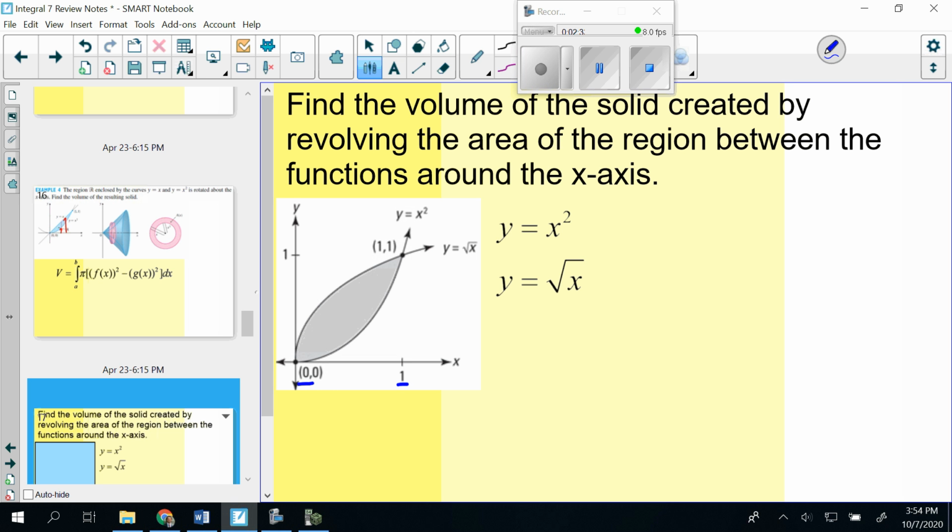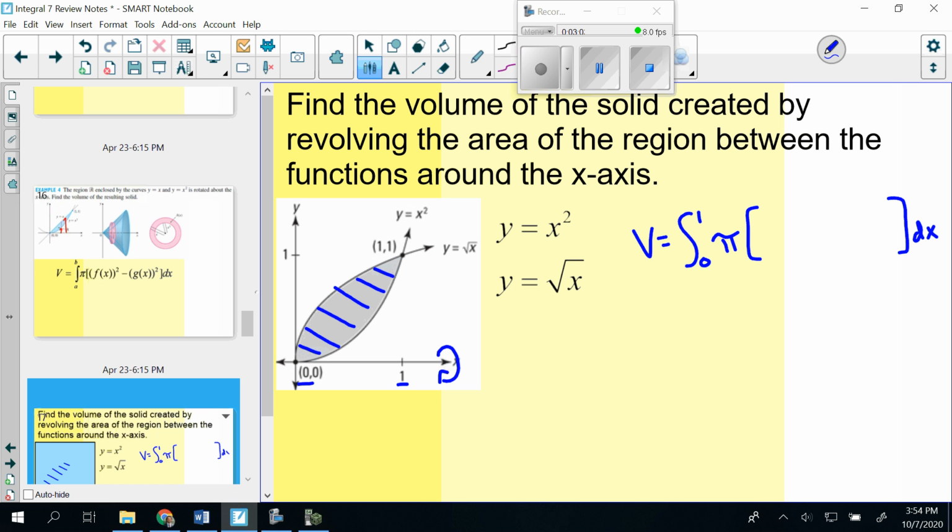And we are trying to take this area now, and we're going to rotate it around the x-axis to find the volume of that. So in order to do that, we're going to set up a volume integral. It's from 0 to 1. And then since it involves two of these, we got to do pi r squared minus pi r squared, or if you factor the pi out, it'd be the radius squared minus radius squared.